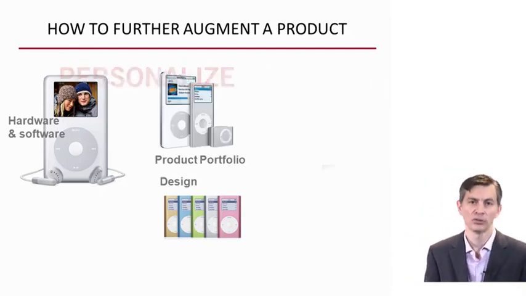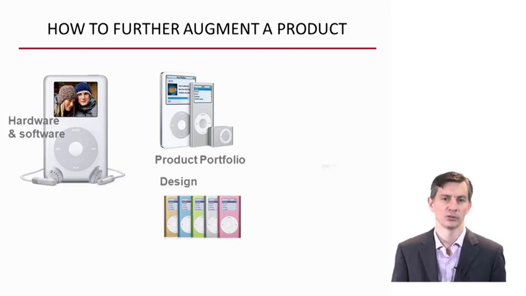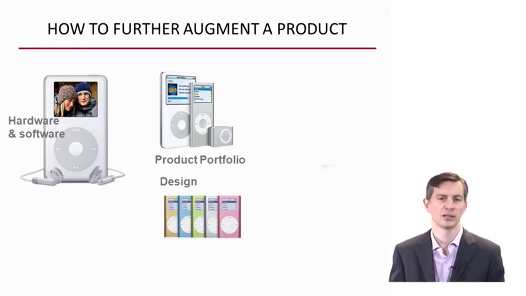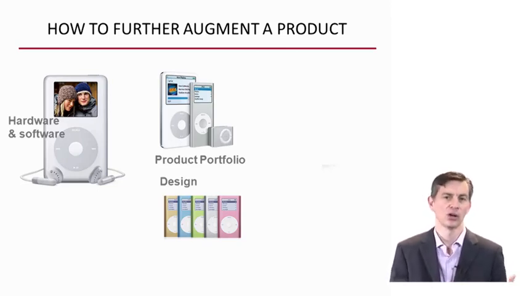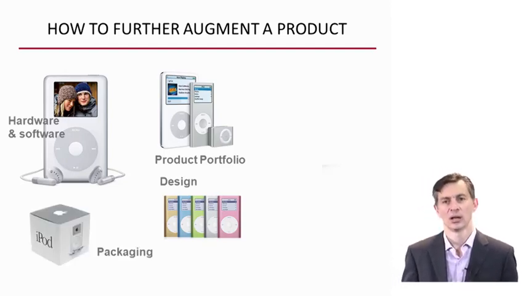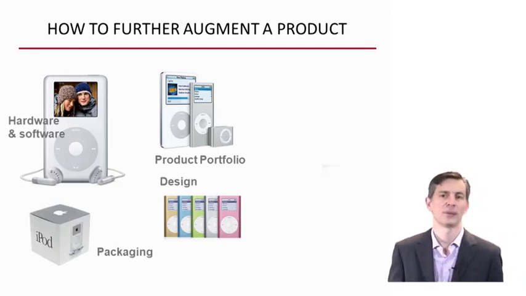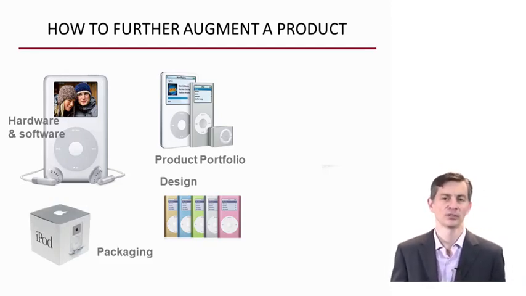And in addition, they built a product portfolio so that sometimes you can use it for running, another one for a limited collection of songs, or to download your entire music collection into this particular product. But we can augment the product even more. How? I referred to this before, the packaging, right? You open the box and it's ready to work. Beautiful, right?